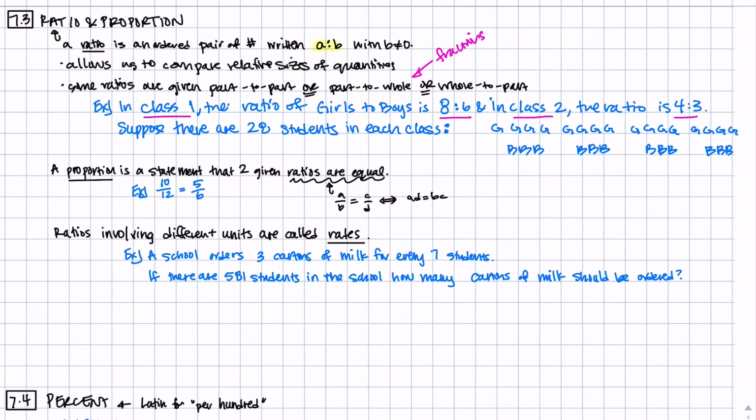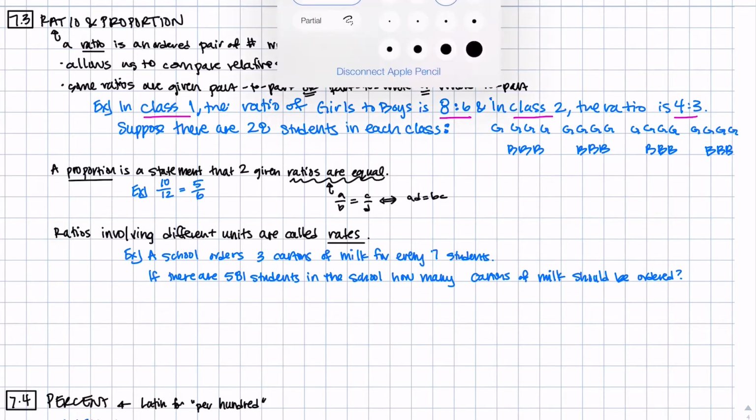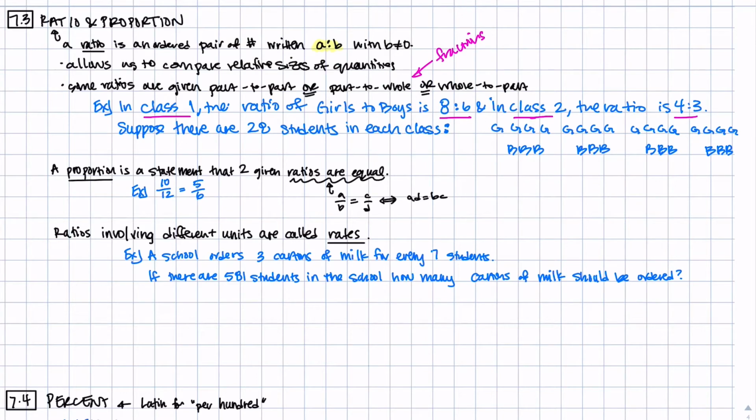Let's suppose that in both of these classes, there are 28 students. So if I try to somehow denote each student, let me change these colors real quick so that this is clear. Class 1 will be in pink and then class 2 will be in purple here.